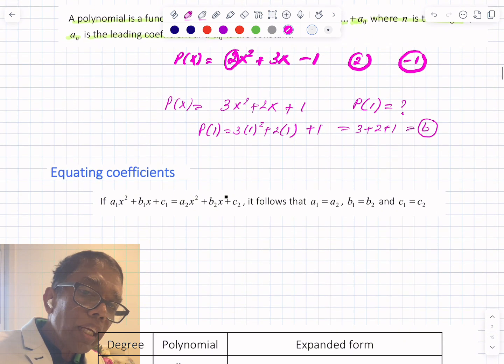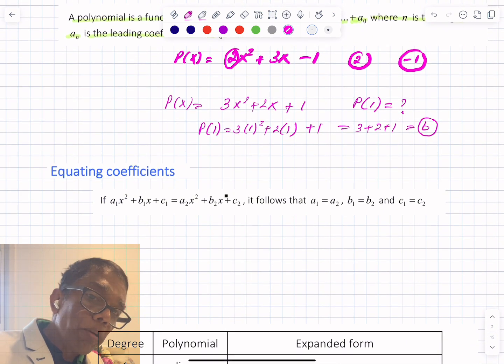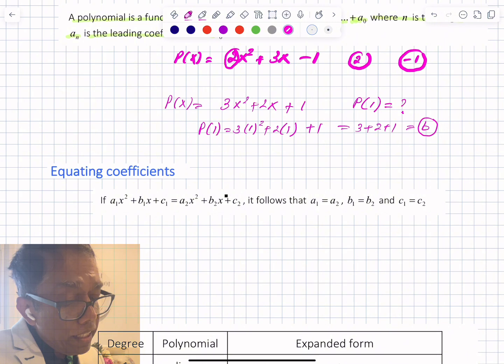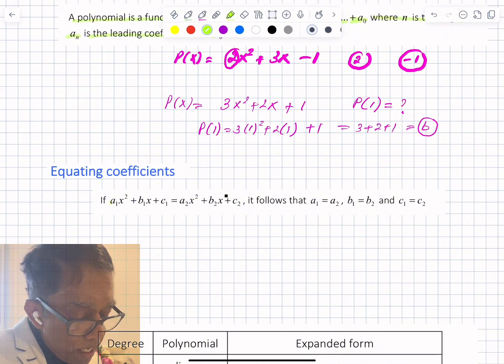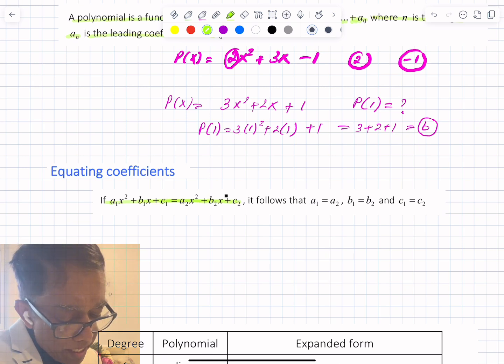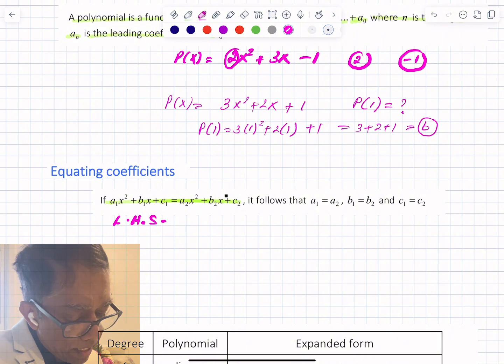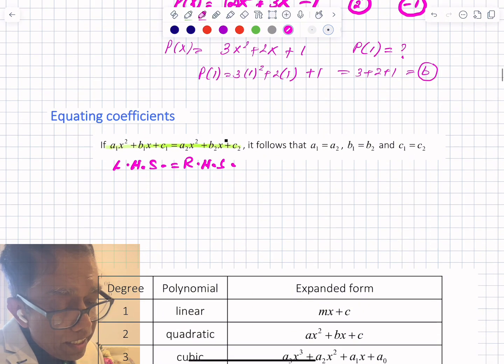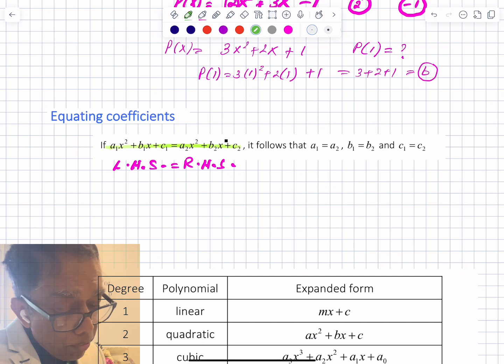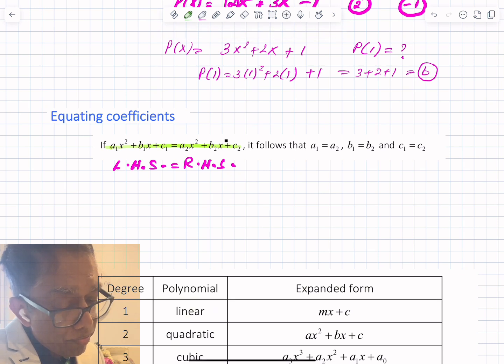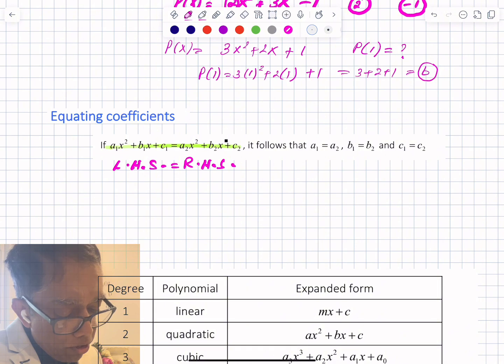Okay. Now let's go to the equating of polynomials. If two polynomials are equal to each other, here the left hand side is equal to the right hand side. The left hand side is a quadratic polynomial. Also the right hand side is a quadratic polynomial.